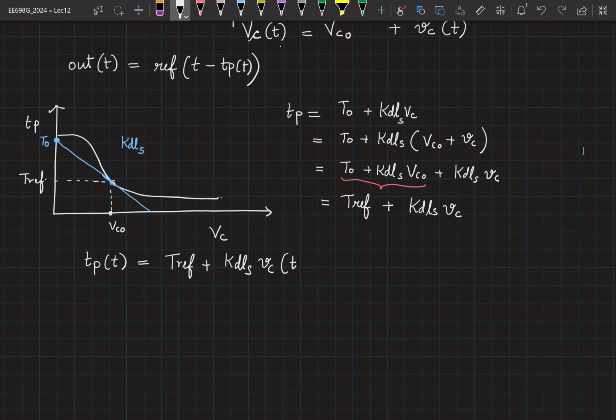Now here is the thing. If I have to define a delay, the next edge has to appear at the output. So if this is my VCDL, let's say I gave an edge here, right? I can define the delay or I can measure the delay only after the next edge has appeared at the output.